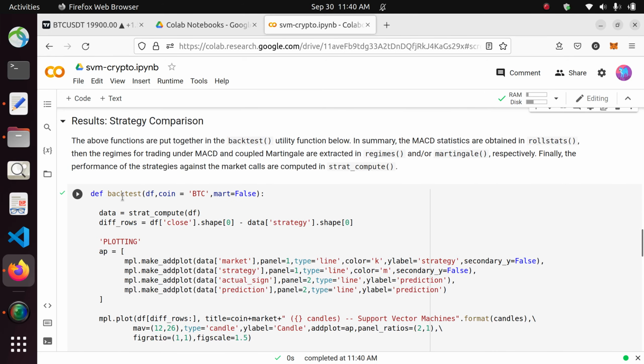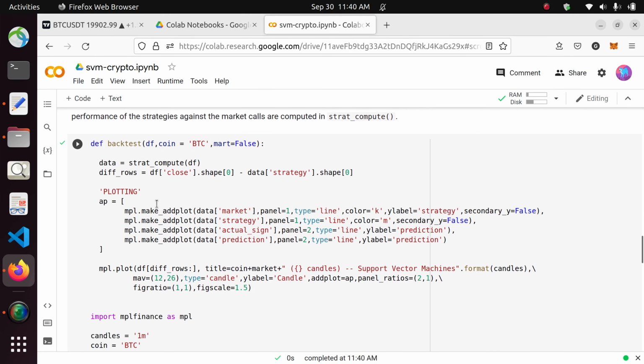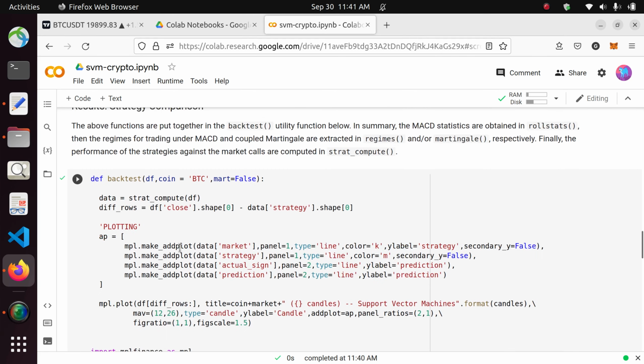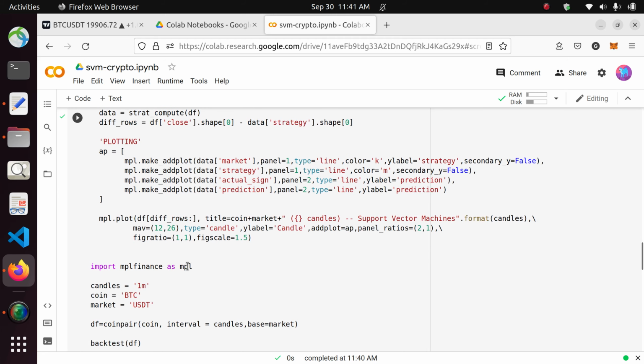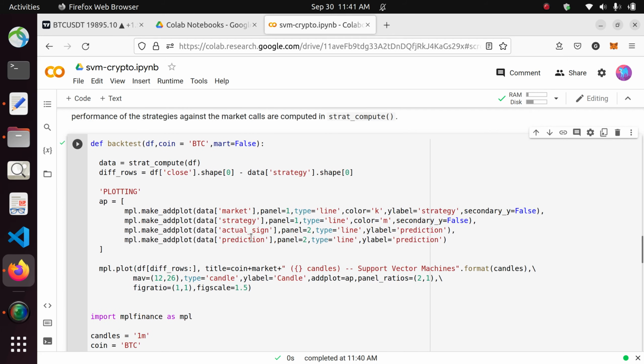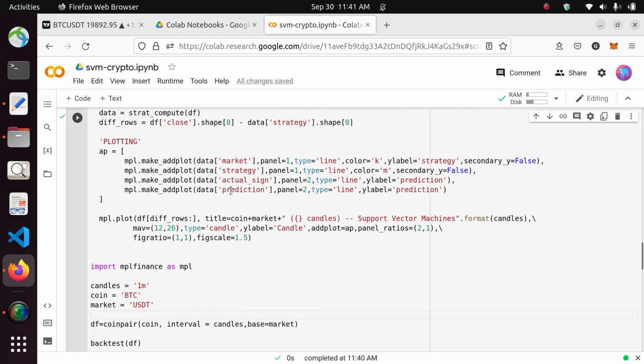And now we're looking here at this section function. This is the utility helper function to plot all the data using the MPL finance module. You can see that I made some extra data frame columns above just to plot them nicely in the plot, which you will see below: the actual sign, the prediction, and the different cumulative rates of returns as well.